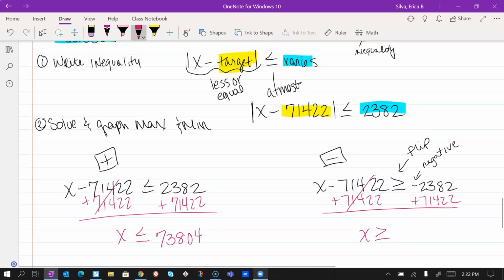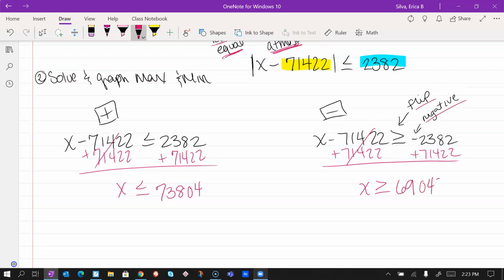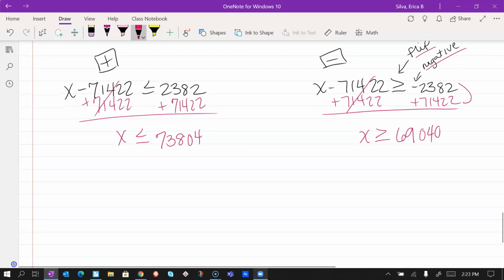Because the word was at most, this side needs to be less than or equal to. For our positive one, we copy it exactly the way it is, our original. And for the negative one, everything switches, so we flip our sign and change it to a negative. And remember, when our signs are different, we want to subtract, and you keep the sign of the larger number. Please check my math.